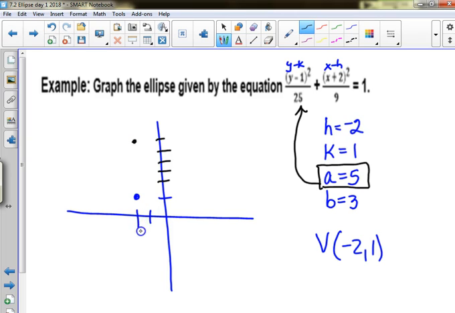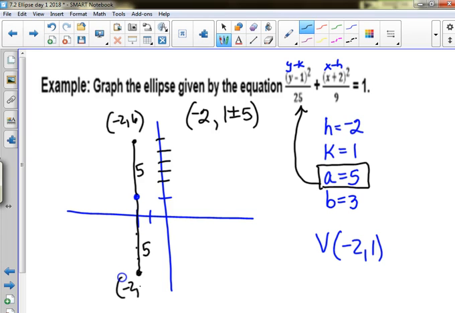Now that's conceptually. Conceptually, I went 5 units up and down. Those are called the vertices. If you look on your sheet, it says you take the H and then you do the K plus or minus the A. Is that what it says? For one that goes up and down, for the vertices, it says H comma K plus or minus A, right? I just did it conceptually. So this was -2, 6, and this guy down here was -2, -4.